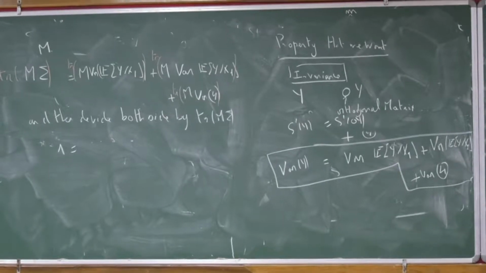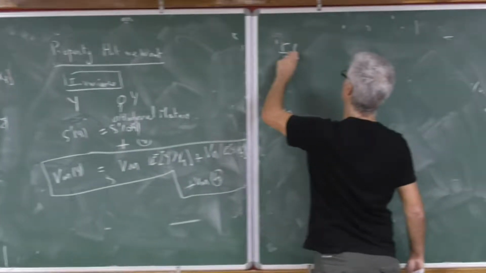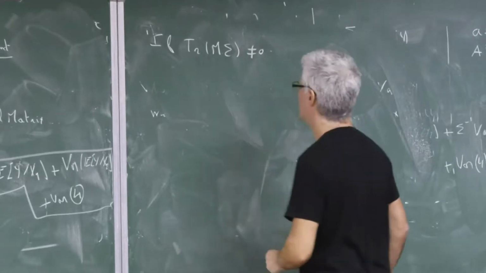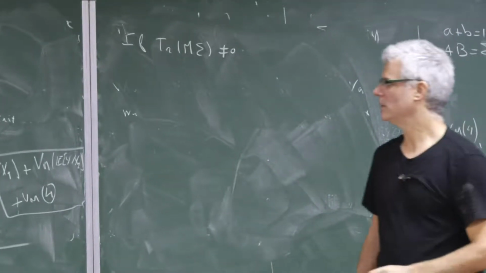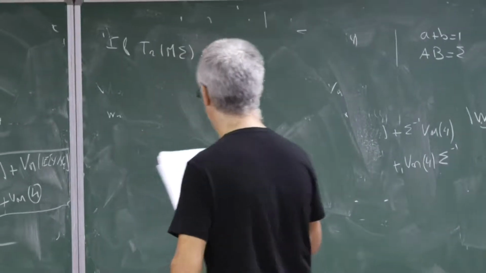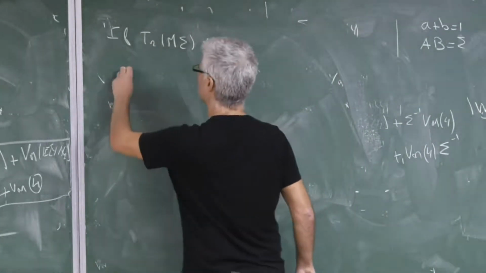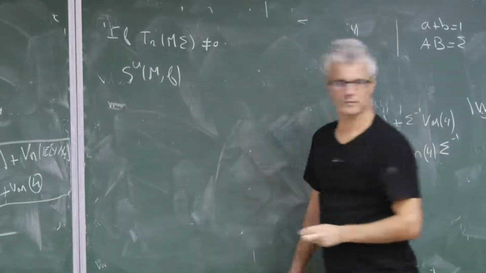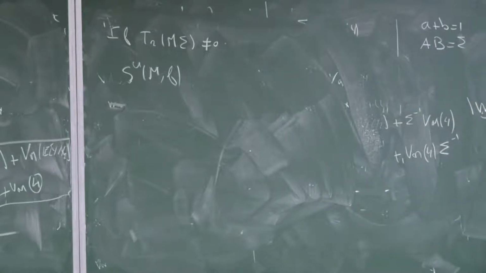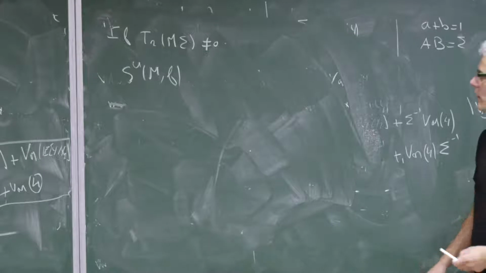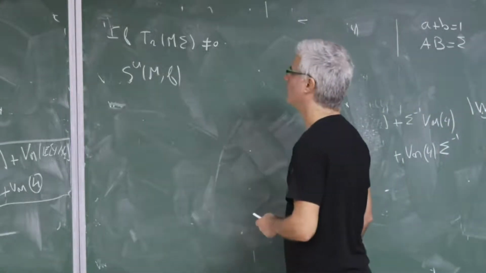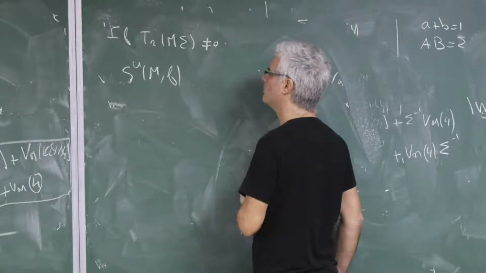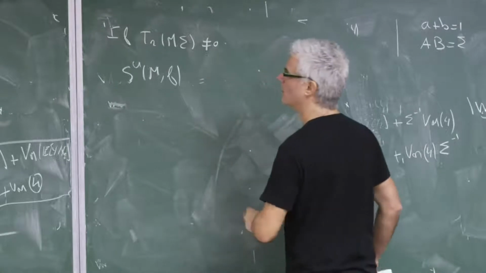Okay, so if the trace of M Sigma is not equal to 0, I define, so I call that the M sensitivity measure of Y with respect to X_U, by only the trace.